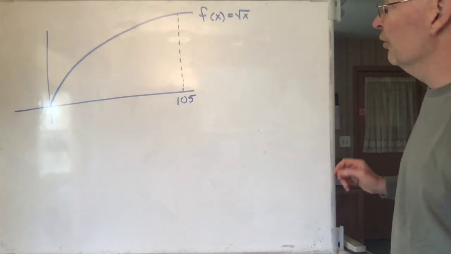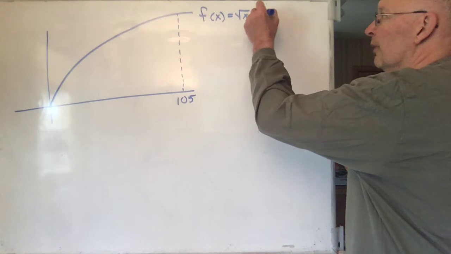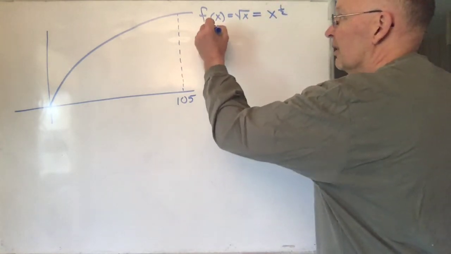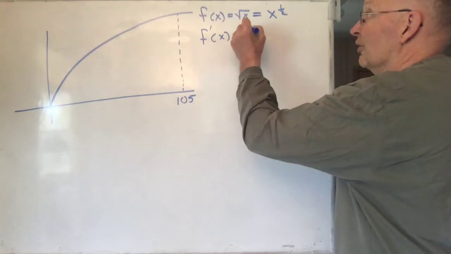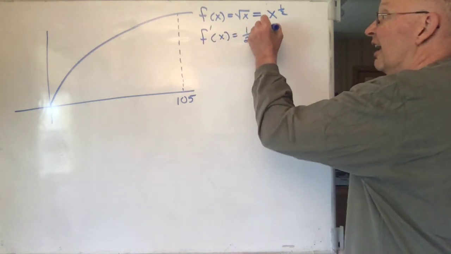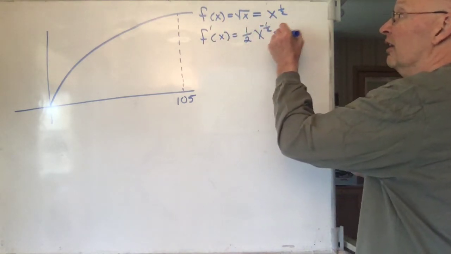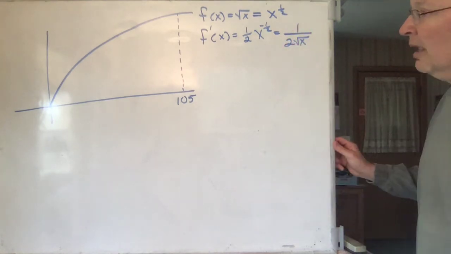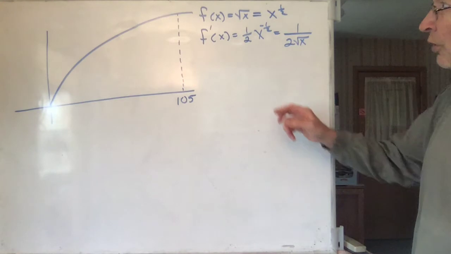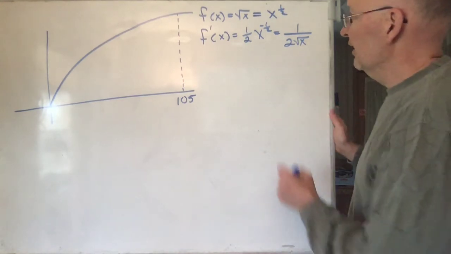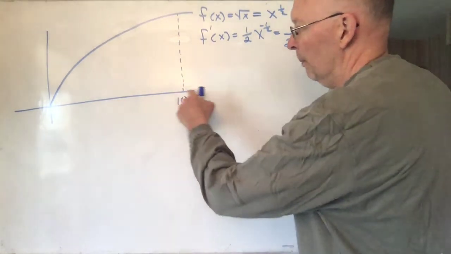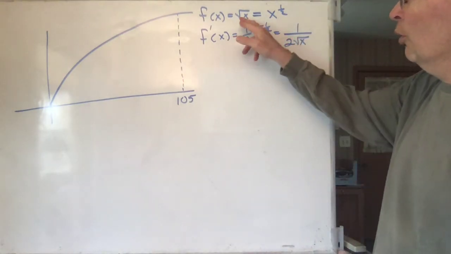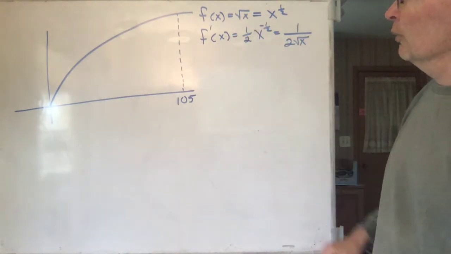So the way we're going to do it is we're first going to take the derivative of this function. The derivative is 1/2 x to the minus 1/2, which is the same as 1 over 2 times the square root of x. And then once we have that, we're going to find the derivative at some point close to 105 for which we know the exact value of the square root.